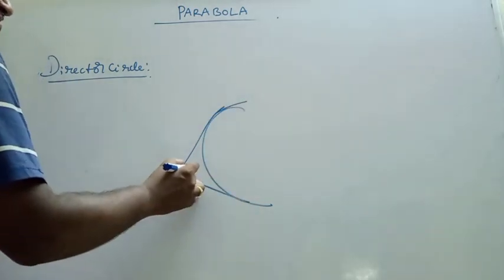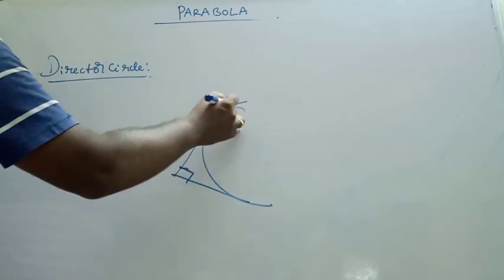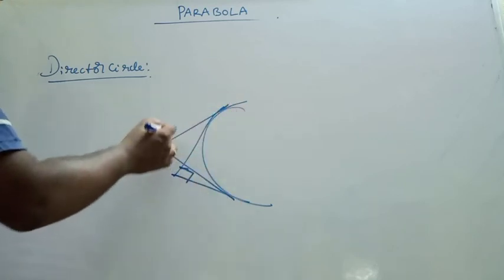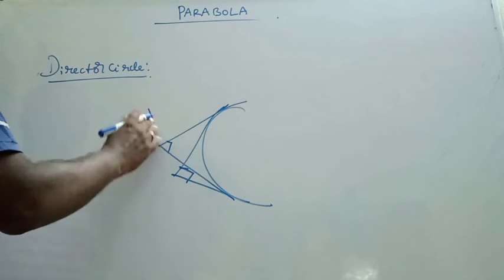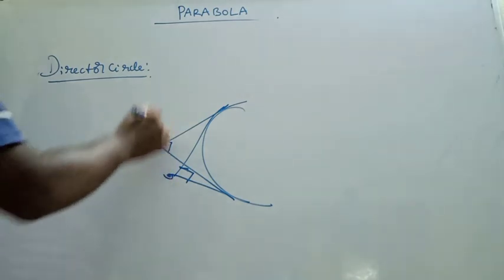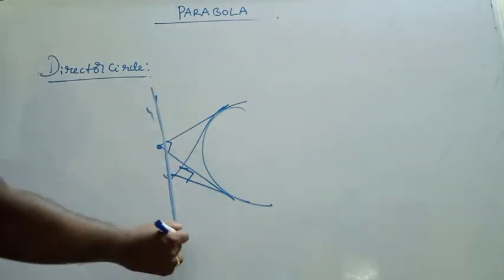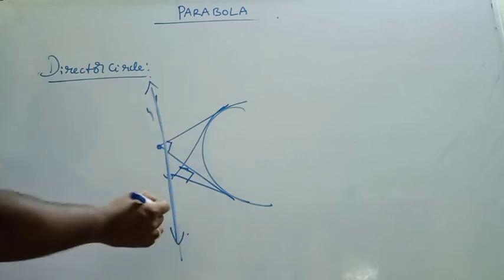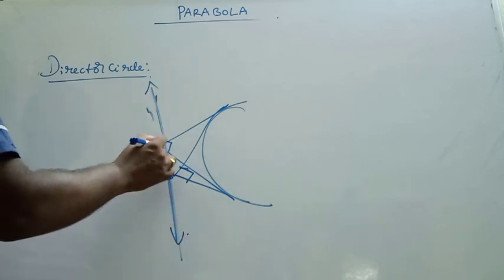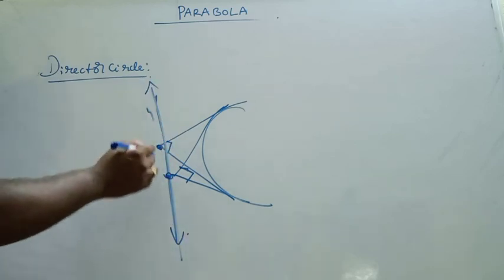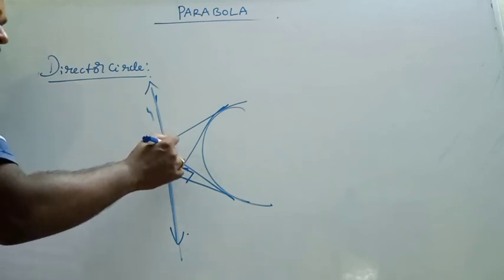Here the angle is 90 degrees. Now you take another pair of tangents, and this angle is also 90 degrees. If you collect all such points and join them, you are going to get a line. This is the locus of all the points from which the pair of tangents to this conic, here the parabola, are perpendicular to each other.